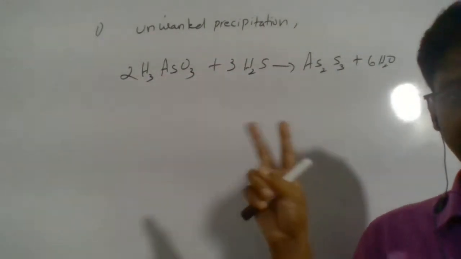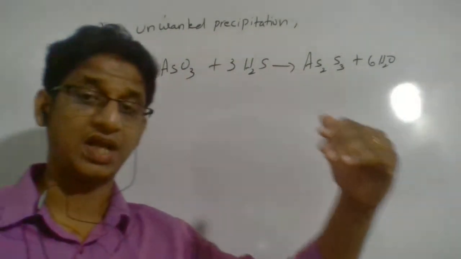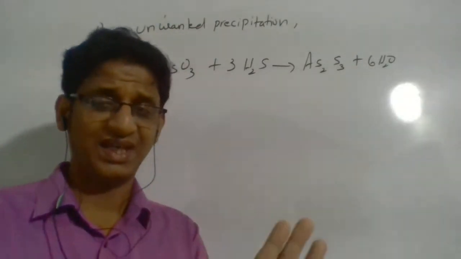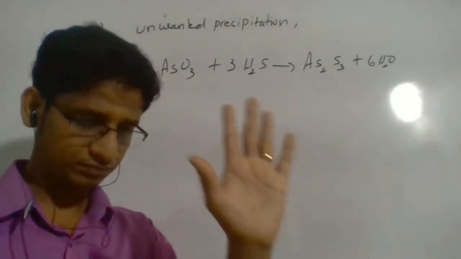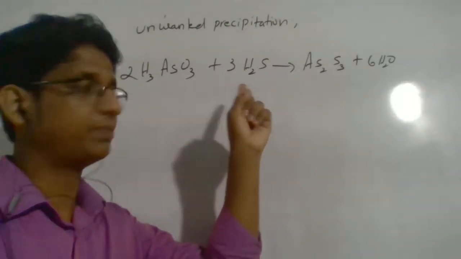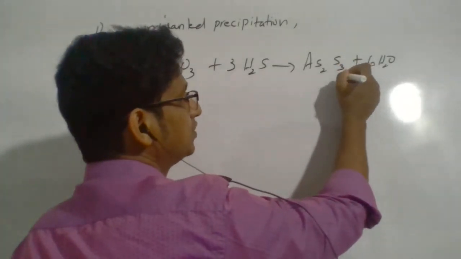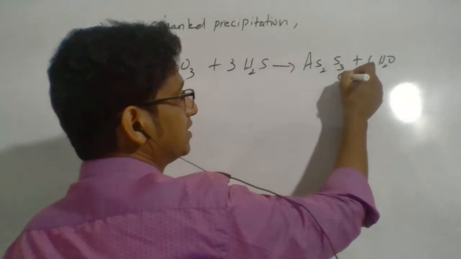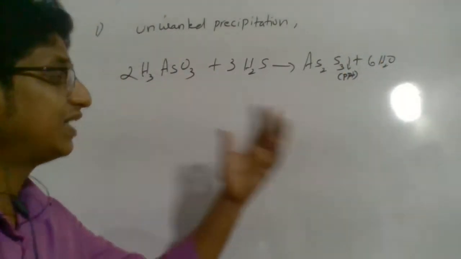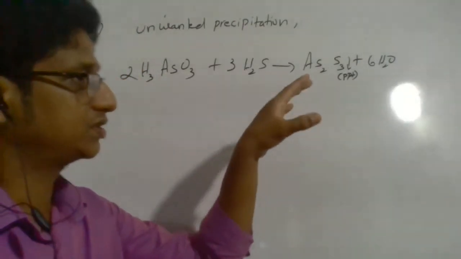We know the group 2 reagent is dilute HCl plus hydrogen sulfide. So what if arsenite is there in the reaction mixture? Arsenite combines with the hydrogen sulfide to form arsenic sulfide, which appears as a precipitate. So a precipitate of arsenic sulfide will form, in group 2.